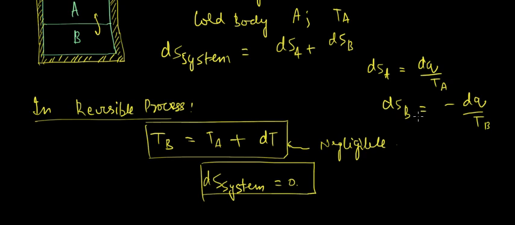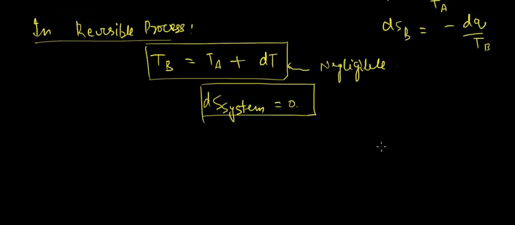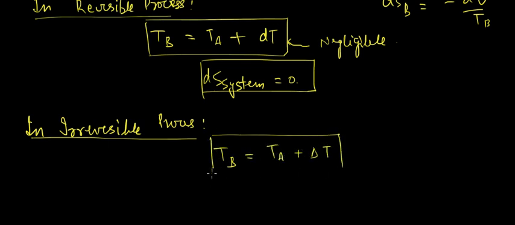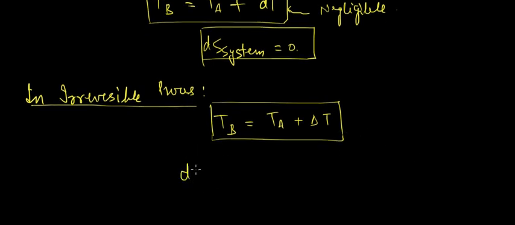Hence in a reversible process we can write that dS system would be 0. Now let's see what happens in case of an irreversible process. So in an irreversible process we can write that TB would be equal to TA plus delta T, and dS of system would be greater than 0.